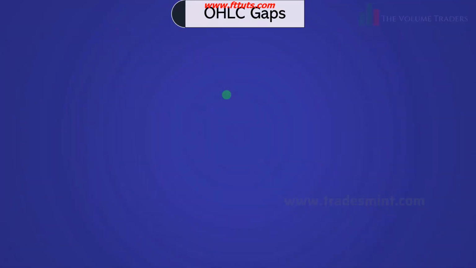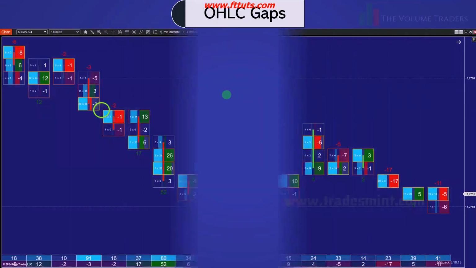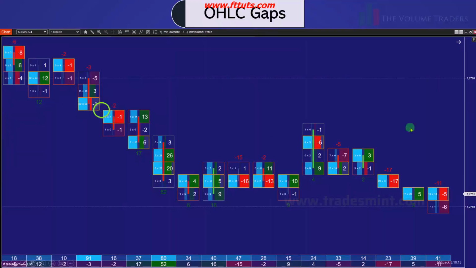Good, so how does it look on the footprint chart? No confusion, do not look at these numbers. I just want to mention that these are two candles which are touching each other just by a corner, not with a body like here, here, and here, by a corner only. The next could be here, as you can see, they're touching by corners here as well and here as well.